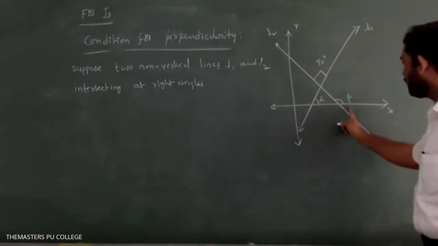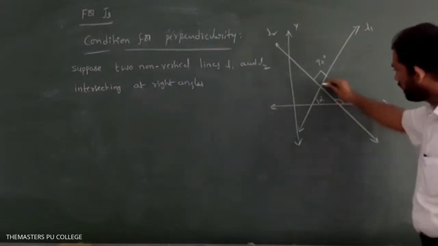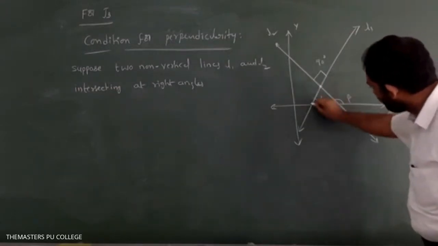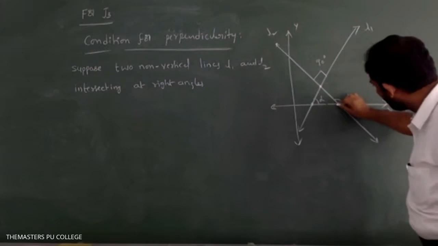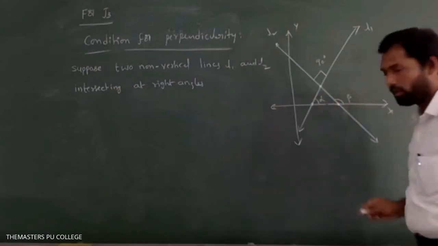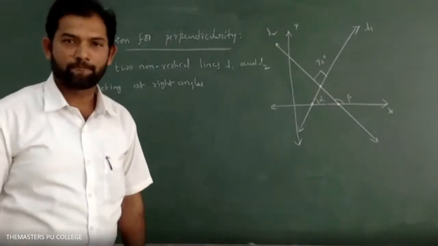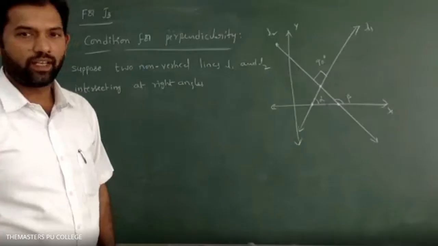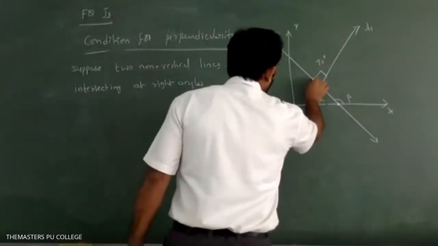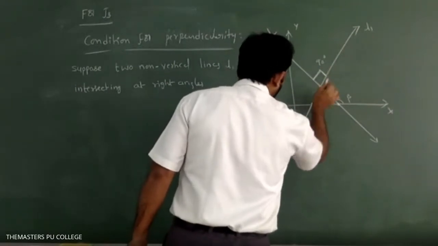Suppose this is one triangle. Beta is what, interior angle or exterior angle? Exterior angle, sir. So this is 90 degrees.